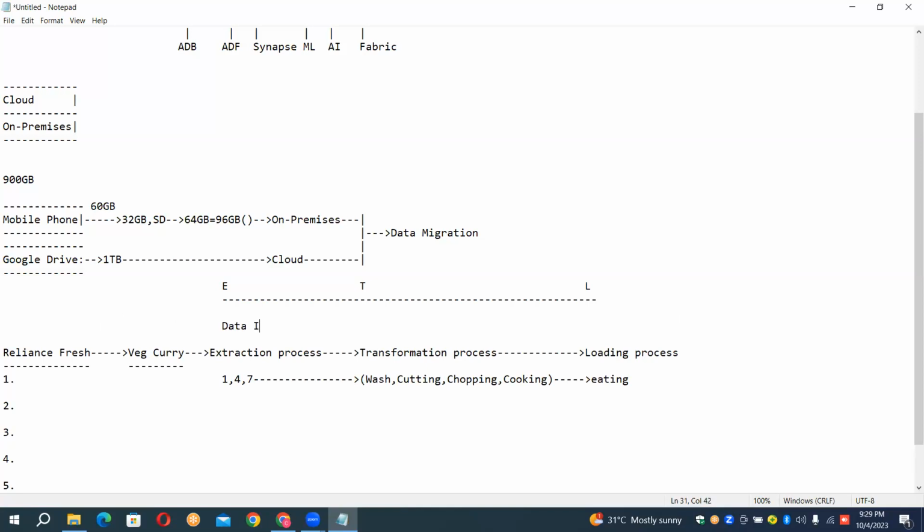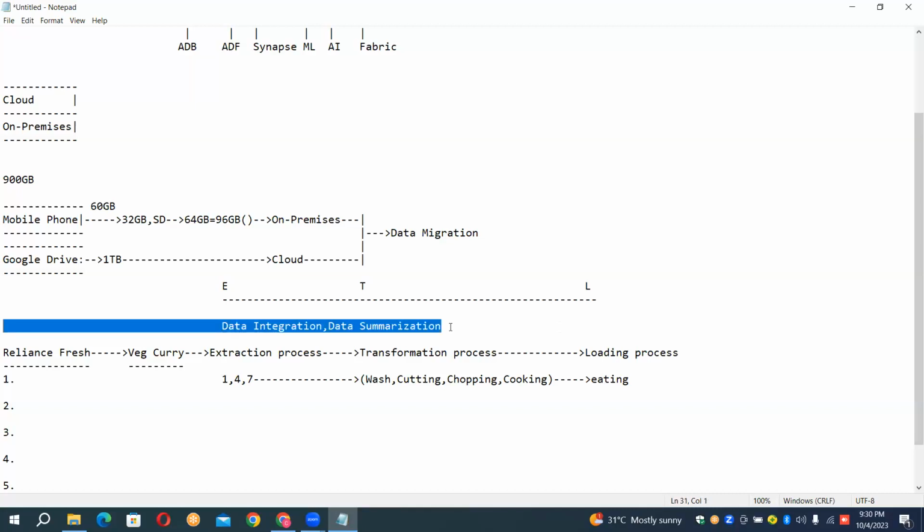Data extraction, transformation, and loading is called data integration and data summarization, which includes data integration and data what? Summarization. Getting my point? So finally, once the data is summarized, that means the data is ready.